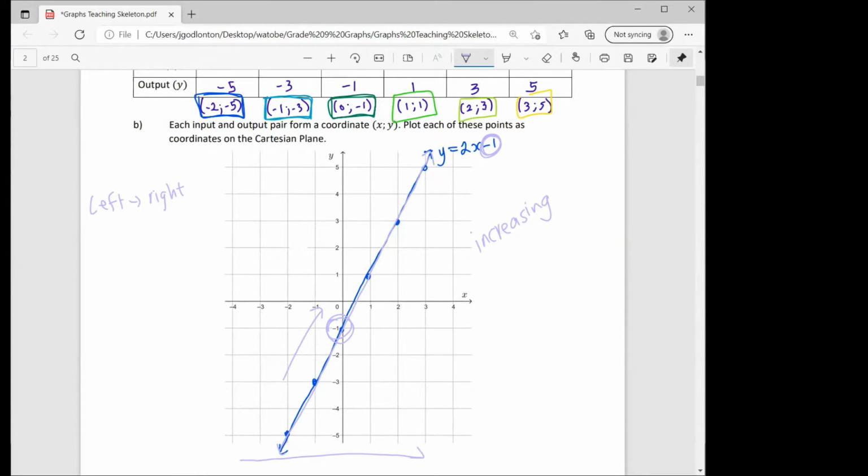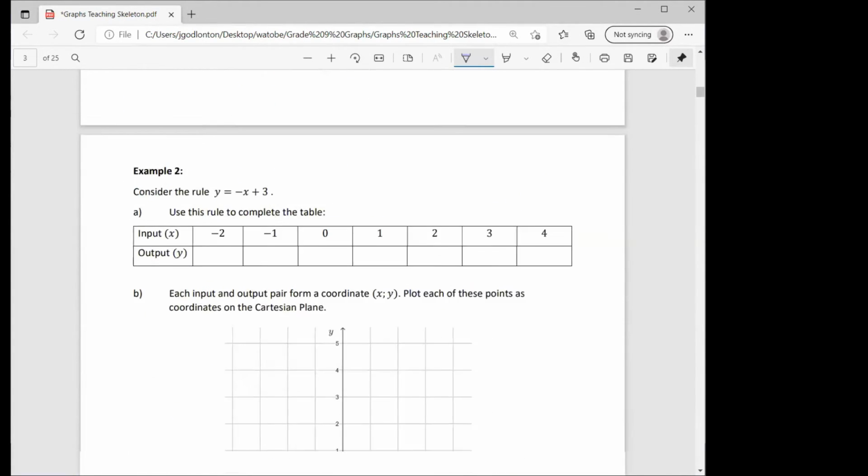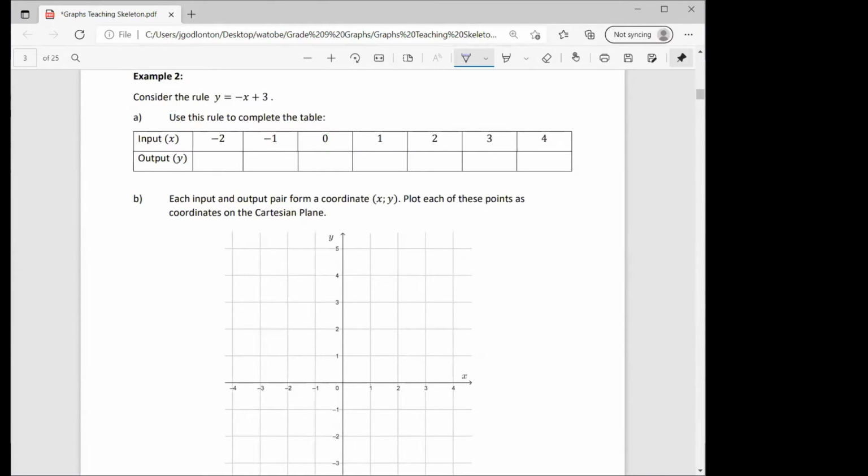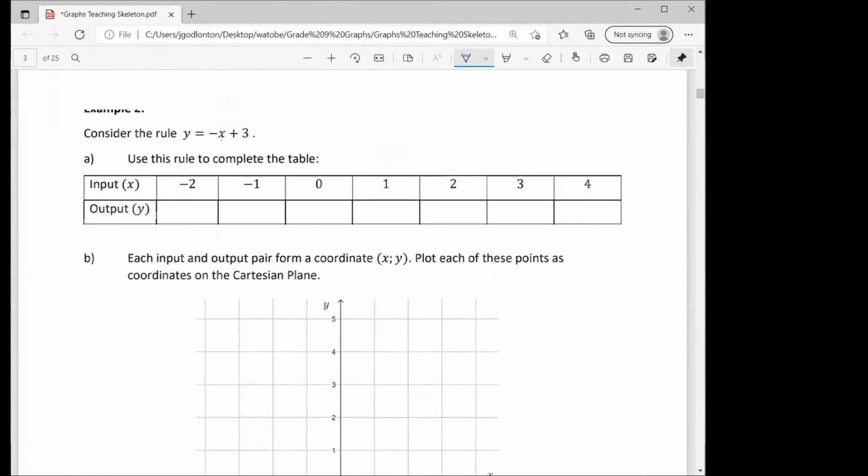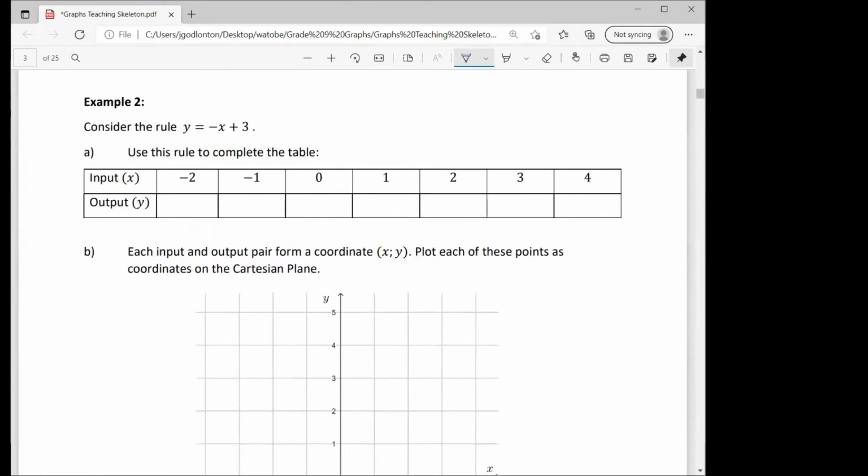Excellent. I hope you all found that super easy, because you are now going to do the next one all by yourself. Let's go. Enjoy. Same idea. I have a table. I have a rule. Fill in your table, find your coordinates, draw your graph, and then I'm going to ask you some questions.